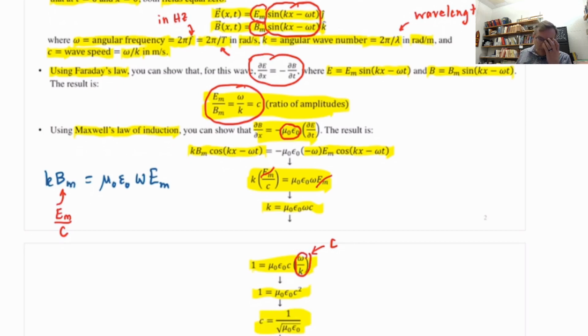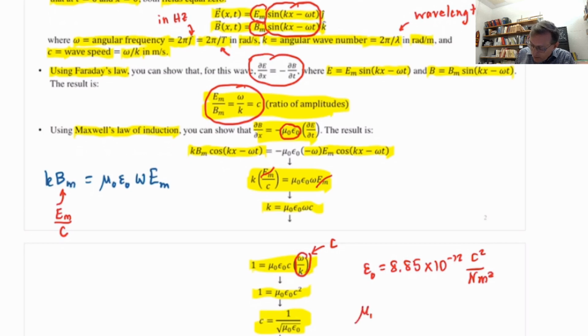Interesting. The speed at which these electromagnetic waves travel through vacuum is determined by those two constants, the magnetic constant and the electric constant. And we have values for those, right? Epsilon 0 is 8.85 times 10 to the negative 12 coulomb squared over newton meter squared.